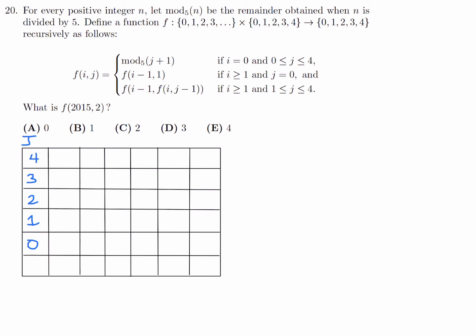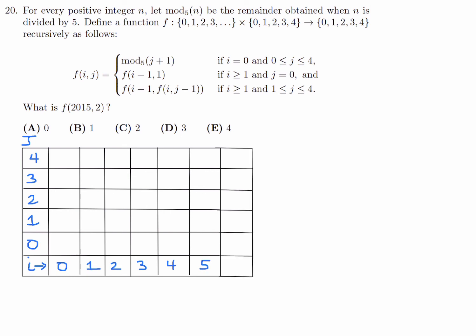So this column is j. And then here I will put my values for i right here. And I believe i goes on forever. There's no actual limit. So it starts with 0, obviously, and then it just goes up from there. So 0, 1, 2, 3, 4, 5, 6, and so on.